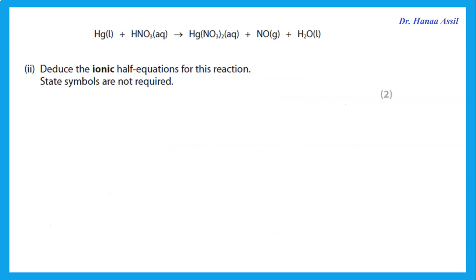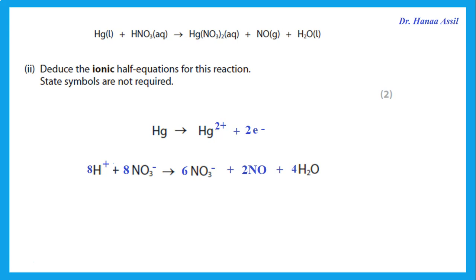Deduce ionic half equations for this reaction. So what do we have? We have mercury going to mercury 2+, and that means it has lost 2 electrons. So this is the first ionic half equation. Now, the other one would involve the nitric acid and the NO and H2O. So if this is the complete equation, when we balance it, this is the complete equation, balanced.